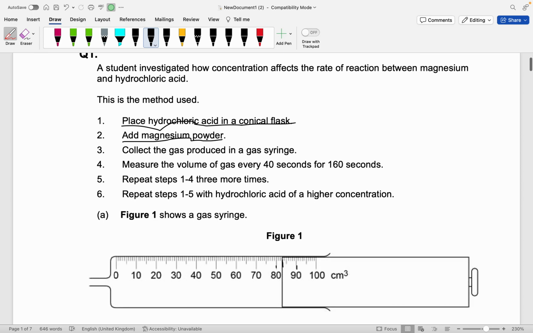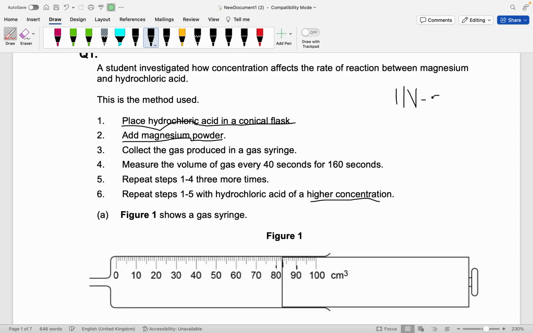It then says, collect the gas produced in a gas syringe, measure the volume of gas every 40 seconds for 160 seconds. Repeat steps 1 to 4 3 more times. Repeat steps 1 to 5 with hydrochloric acid of a higher concentration. So our independent variable, the thing that we're going to be testing, is the concentration.